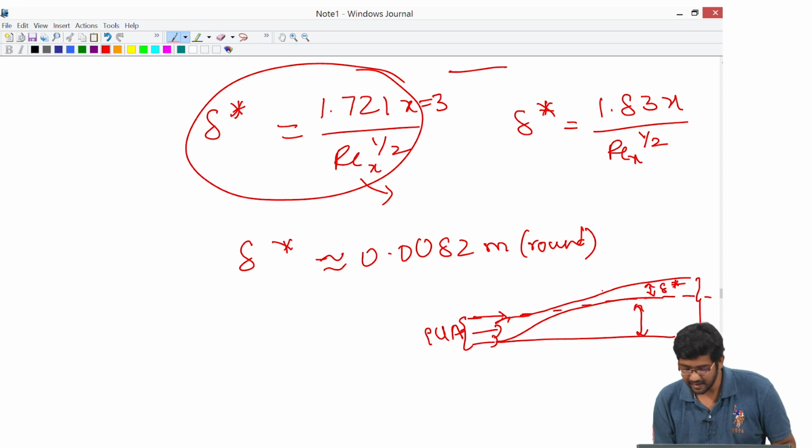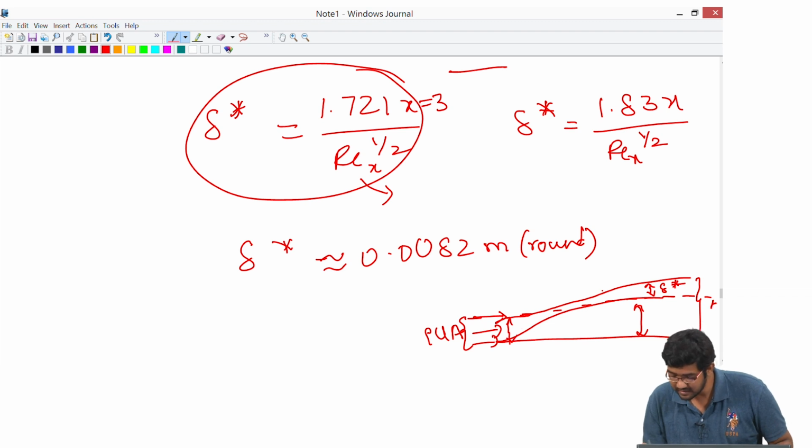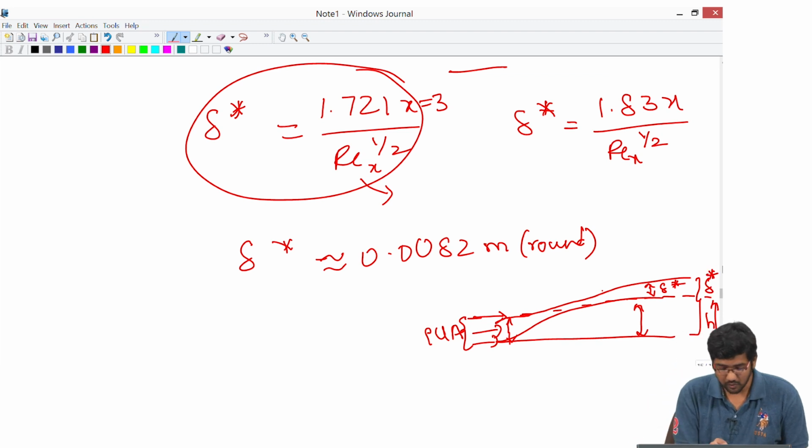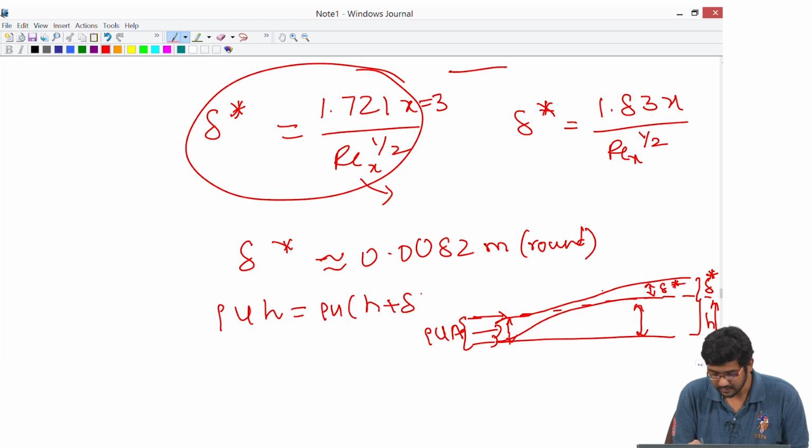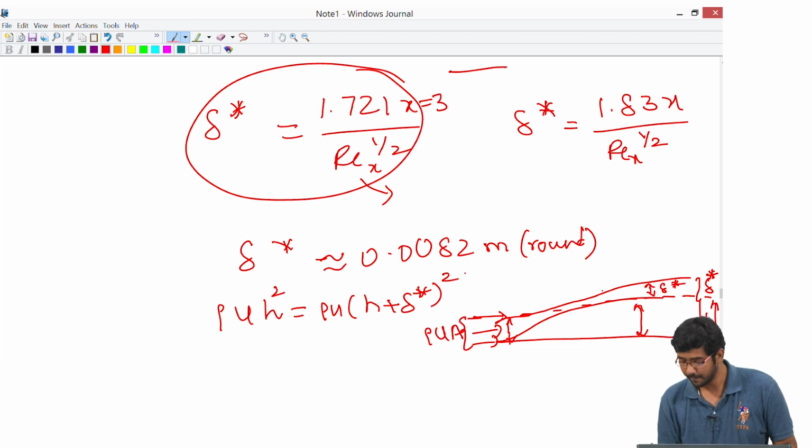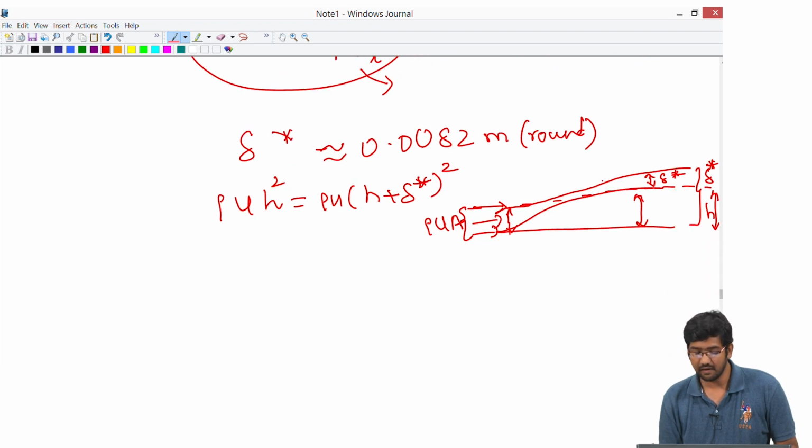Here the area is based on this height, let us say this is h, and here it is h plus delta star. So, we need to say that rho u h is equal to rho u times h plus delta star. If we assume it is a square duct, it is like h square into h plus delta square. So, this is the case for a flat plate.